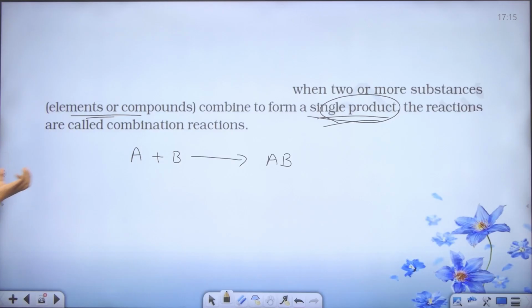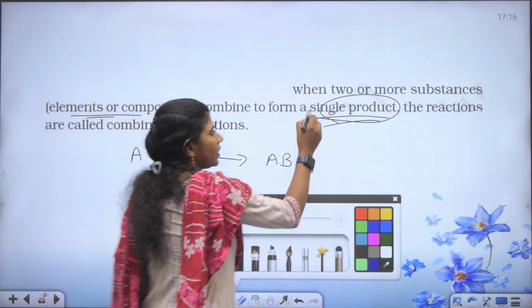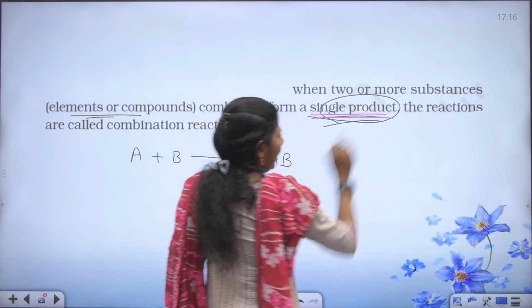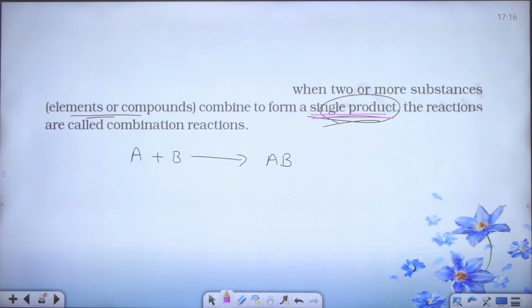When two or more substances like elements, molecules or compounds combine to form a single product, in a combination reaction only a single product is formed.